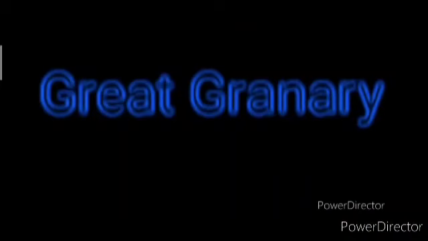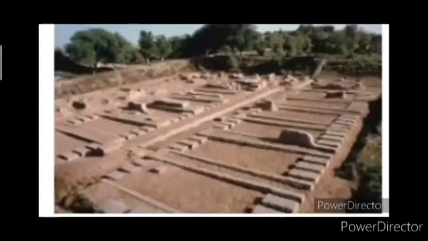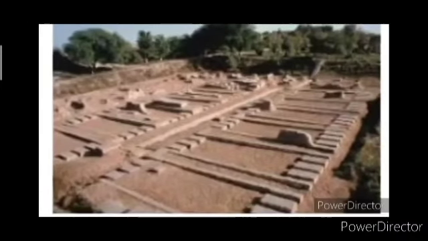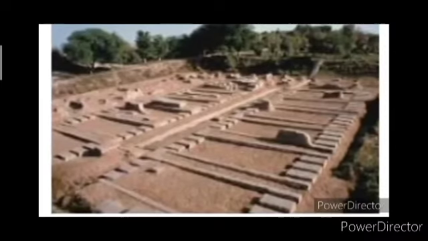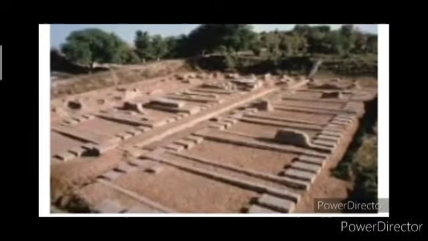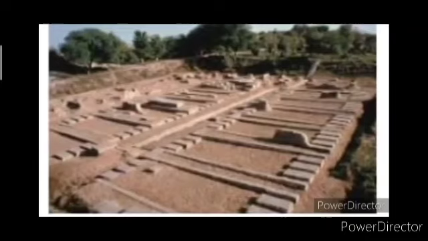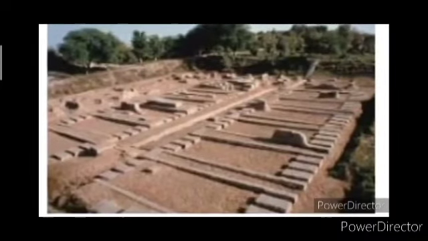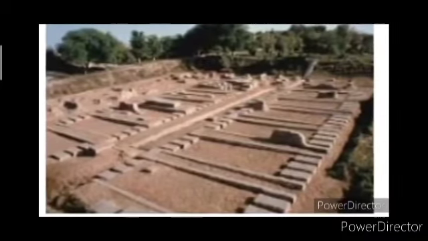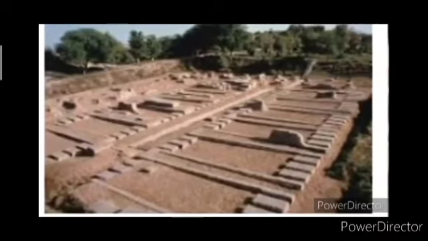The Great Granary: to store surplus grains, the Indus people built large granaries near the river banks. The excavations at Mohenjo-daro, Harappa and Rakhigarhi reveal massive buildings that were used to store food grains.